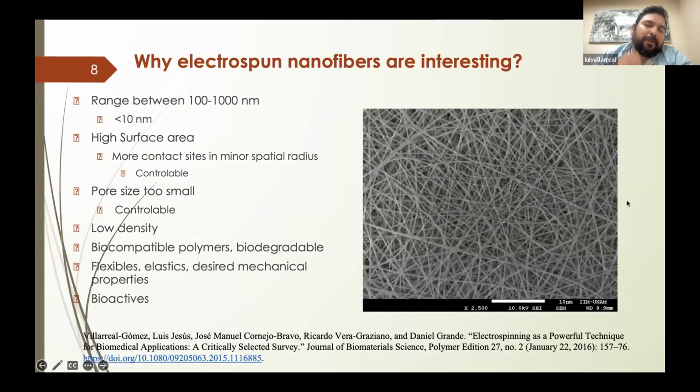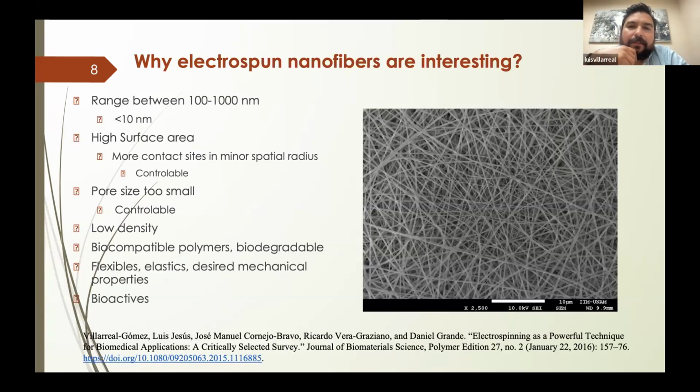The important properties of the nanofibers is that you can control the thickness, you can control the fiber diameter. You can prepare fibers from 100 to 1000 nanometers. There is some literature where you can produce fibers less than 10 nanometers.